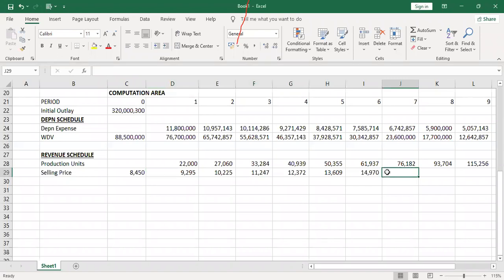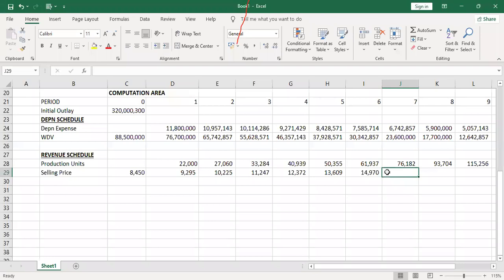It is because it's the inflation rate for the first year to year 6. The inflation rate changes from year 7. That's why you have to drag up to year 6.